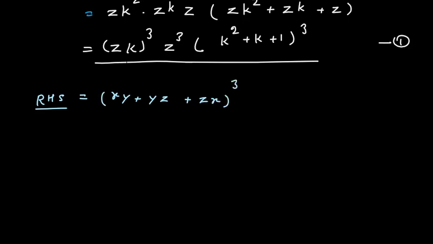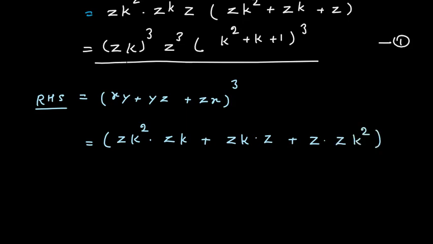So now x I will write zk square, into y I will write zk, plus y is zk into z is z only, plus z into zk square, and this is a whole cube.